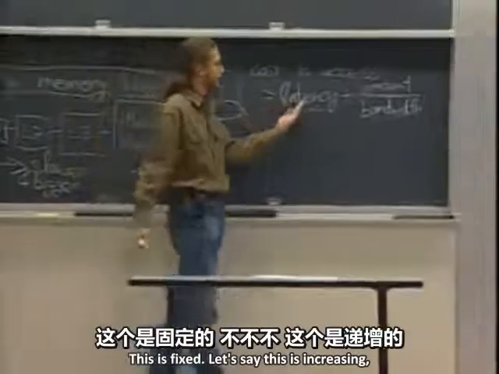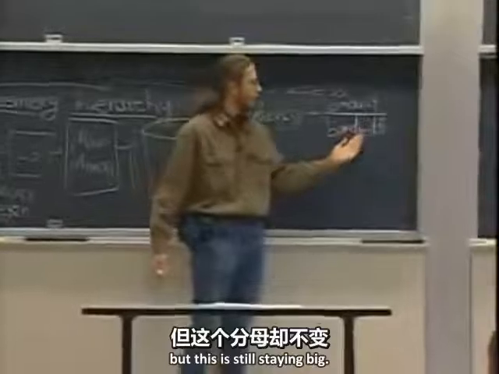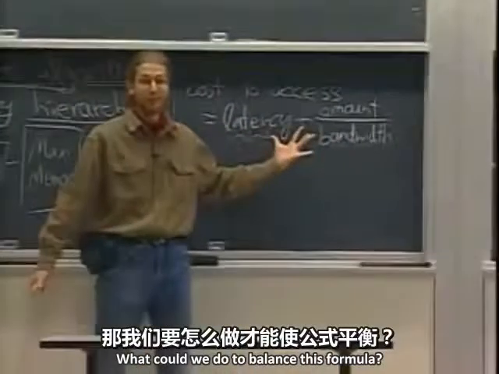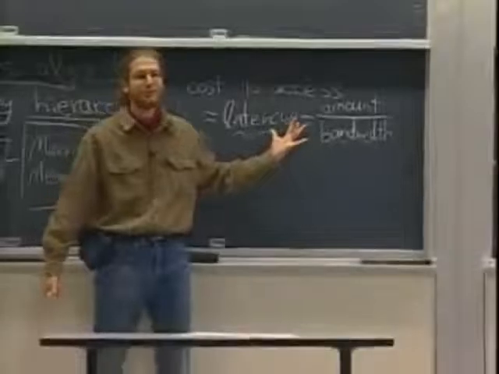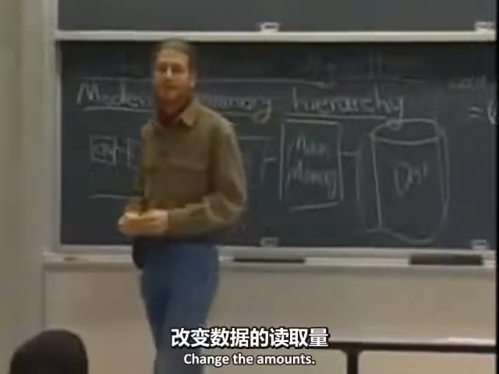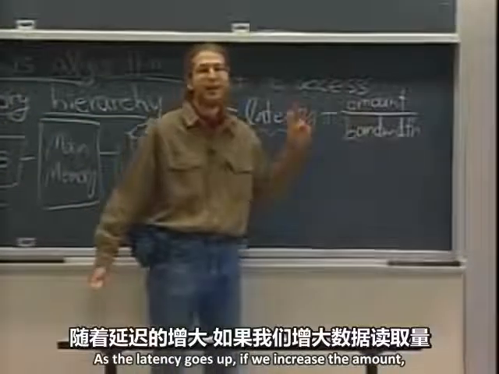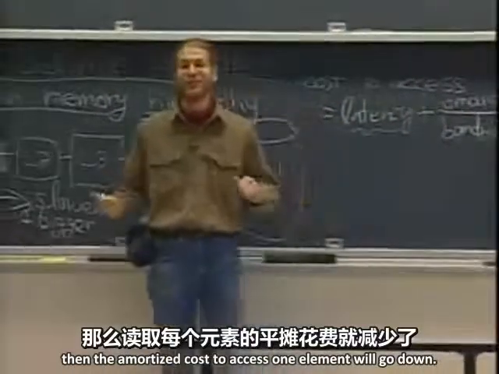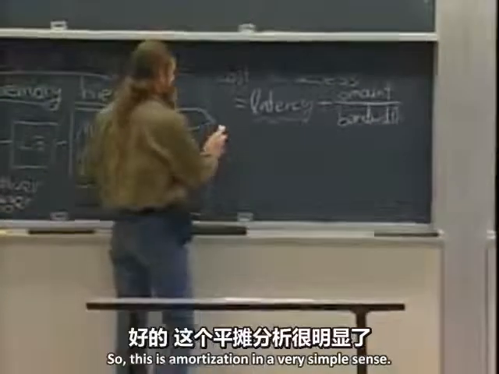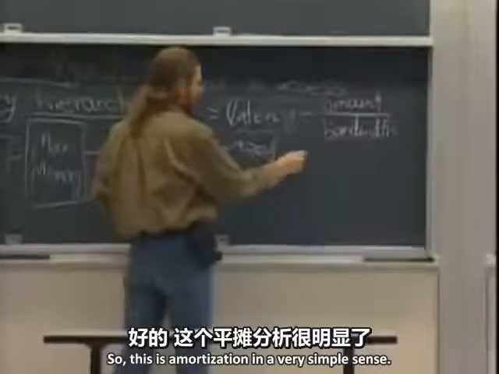If this is fixed, and this is increasing, what could we do to balance this formula? Change the amount. As the latency goes up, if we increase the amount, then the amortized cost to access one element will go down. So this is amortization in a very simple sense.